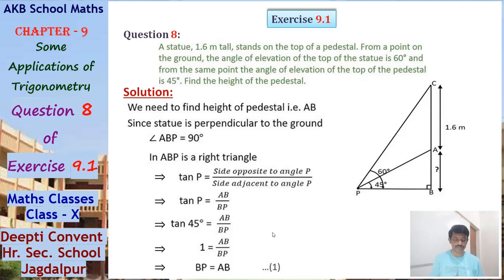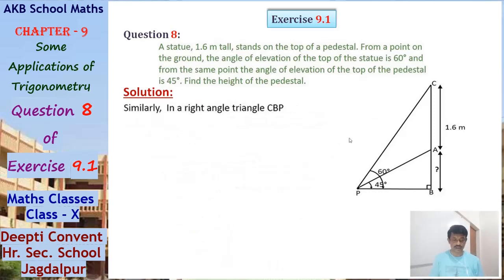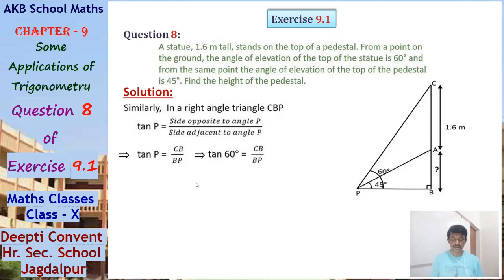Clear? Now in the big right angle triangle CBP, tan P equals the side opposite to angle P, that is CB, by the side adjacent to angle P, that is PB. So tan P equals CB by BP. Now tan 60 is root 3.